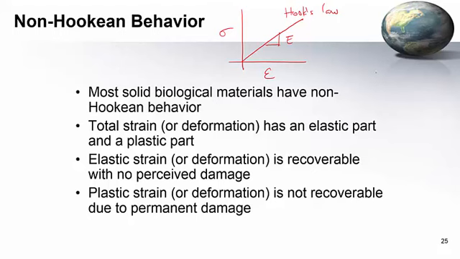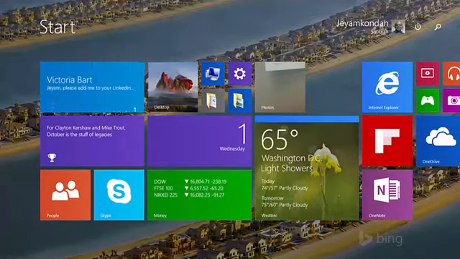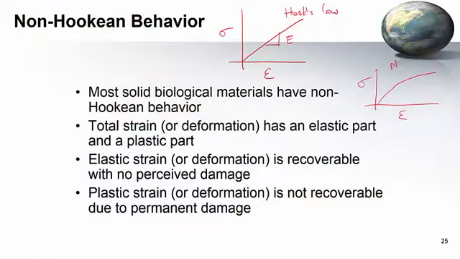So suppose the material behaves like this, then this is a non-Hookean solid, this is non-Hookean, this is the Hookean solid.